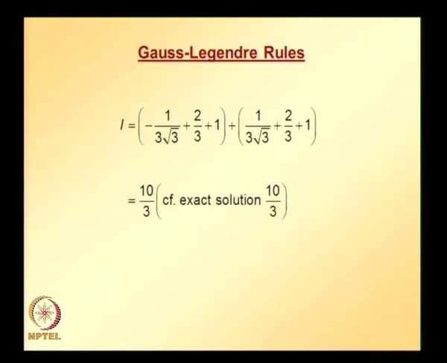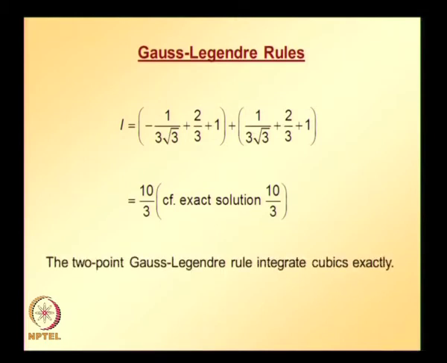So we can integrate a function up to order 2n minus 1 exactly if we adopt n number of points. So the 2-point Gauss-Legendre rule integrates cubics exactly, a cubic function exactly. And this procedure can also be extended for more number of points.